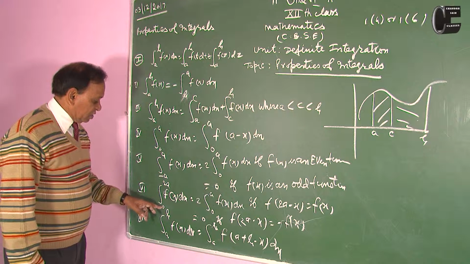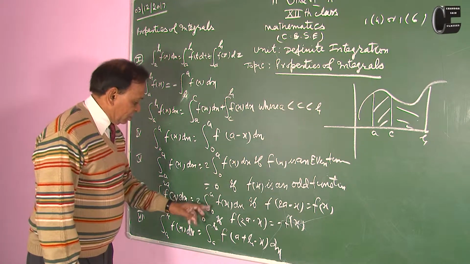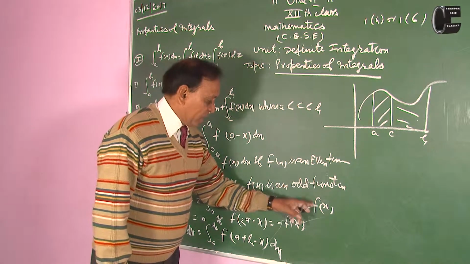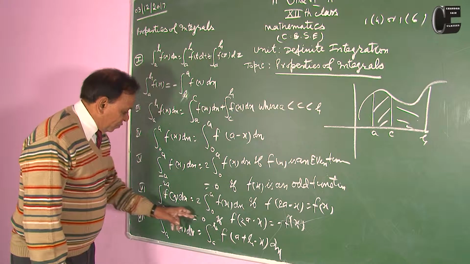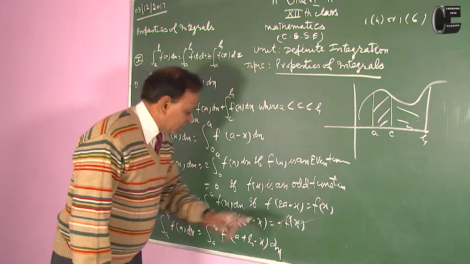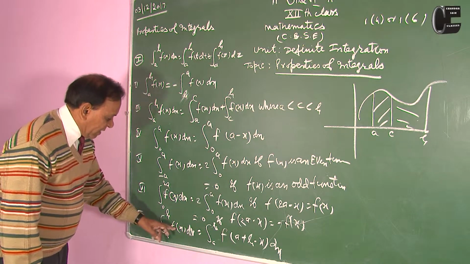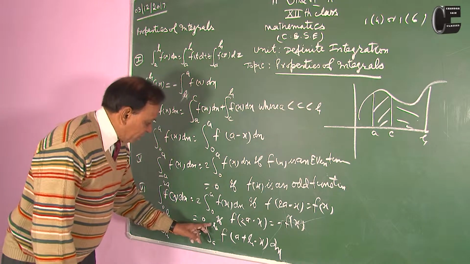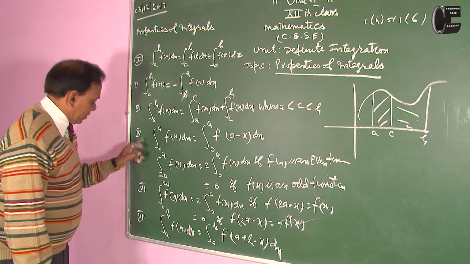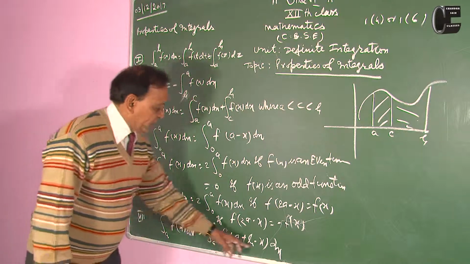Sixth property: integral 0 to 2a of f(x) dx equal to 2 times integral 0 to a of f(x) dx if f(2a minus x) equals f(x), and its value will be 0 if f(2a minus x) equals minus f(x). Seventh: integral a to b of f(x) dx equal to integral a to b of f(a plus b minus x). The fourth property and this are same, this plus this. Similarly, a plus b minus x.